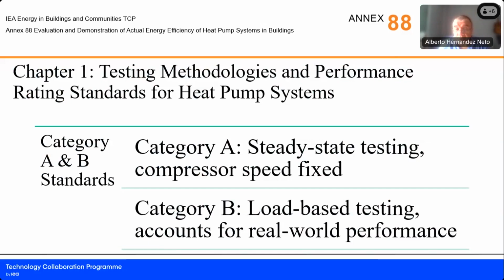Category B is load-based testing, where we account for real-world performance. Because one thing is to test in standard and very fixed conditions; the other thing is how this heat pump will work in a real-world environment. Today we have Professor Nicolo Gianetti, who will go through all that.